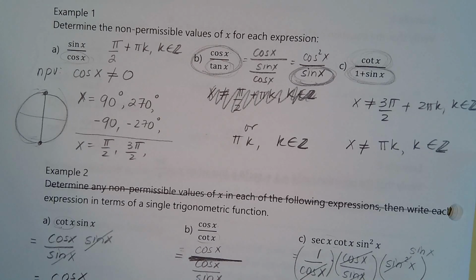If k is 0, it's going to be 0. If k is 1, it's going to be pi. If k is 2, it's going to be 2 pi. And if it's negative 1, it's negative pi. See, pi halves is not undefined here. It's going to give us 0, but it's not going to give us undefined. So we have to scratch that off. Okay? So scratch off this piece on your notes.